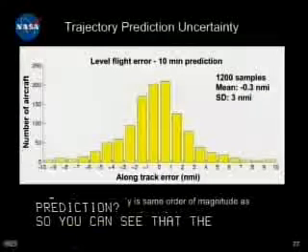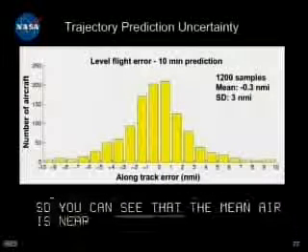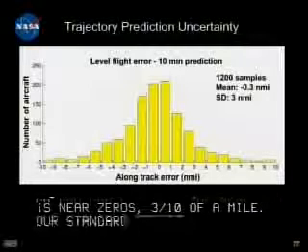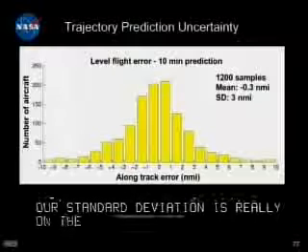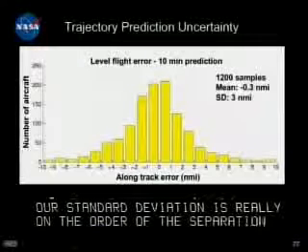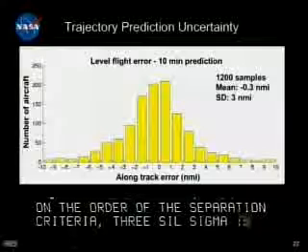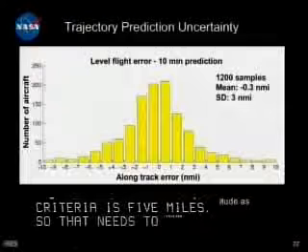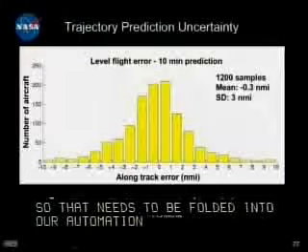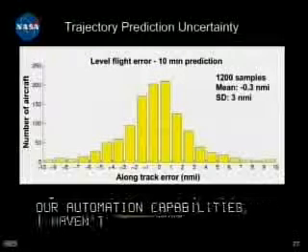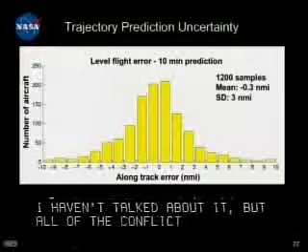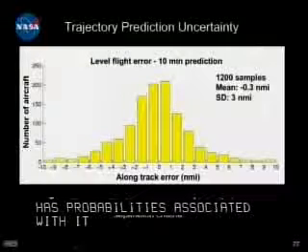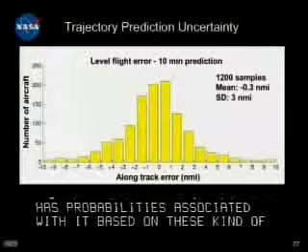Our standard deviation is about 3 nautical miles, and the point here is that the standard deviation is really on the order of the separation criteria. 3 sigma is 9 miles, and our separation criteria is 5 miles. So that needs to be folded into our automation capabilities. I haven't talked about it, but all of the conflict detection has probabilities associated with it based on these kinds of uncertainties. The histogram is a little flatter, reflecting higher uncertainty for aircraft that are climbing.